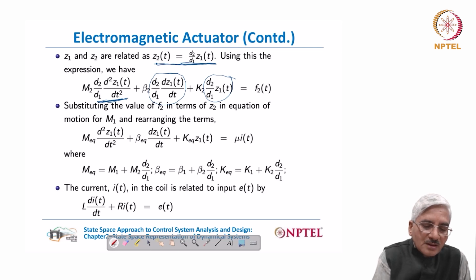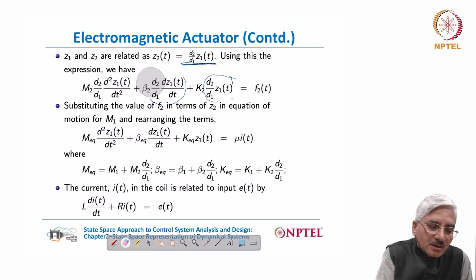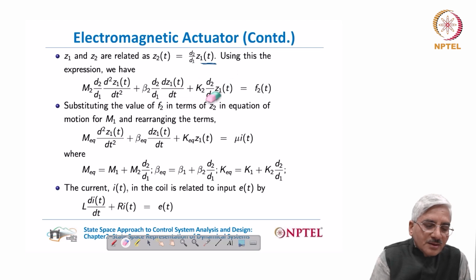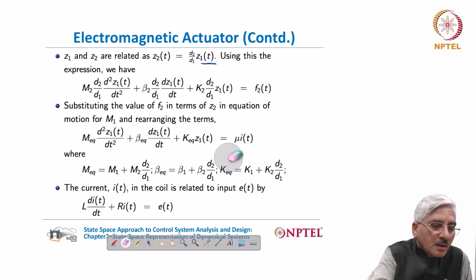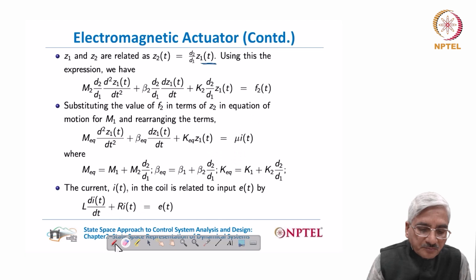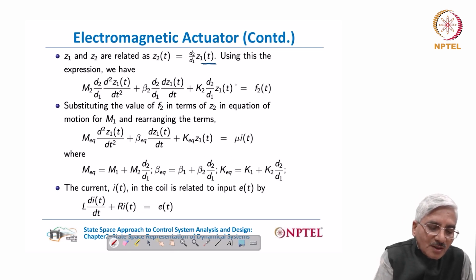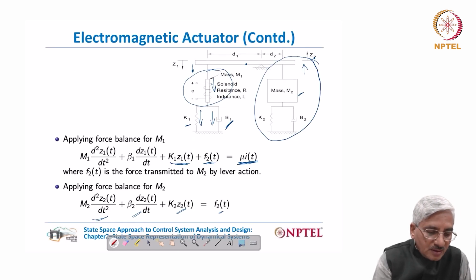So when we do this substitution, we obtain this equation shown here, and that means that F2 can be substituted in terms of these variables in the first equation here.